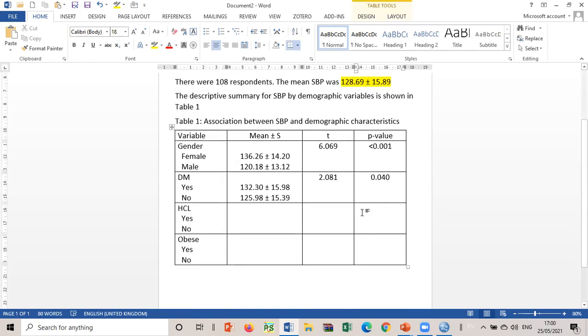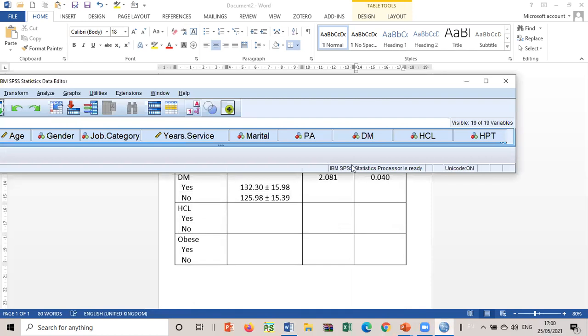Okay, what's the p-value here? The hypochlorite?